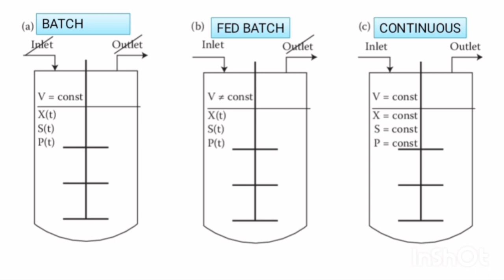The choice of the mode of operation, that is batch, continuous or fed batch, depends on the product being produced. Let us look into the figure. The first image indicates batch fermenter, the second one indicates fed batch, and the third one indicates continuous fermenter.